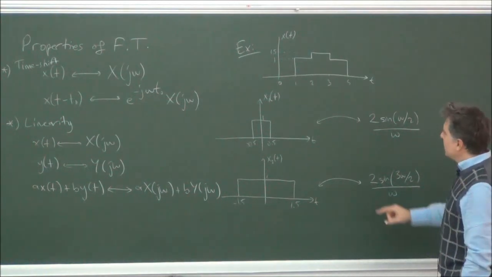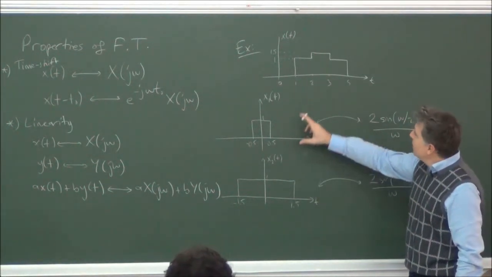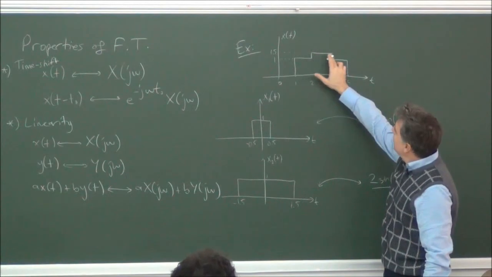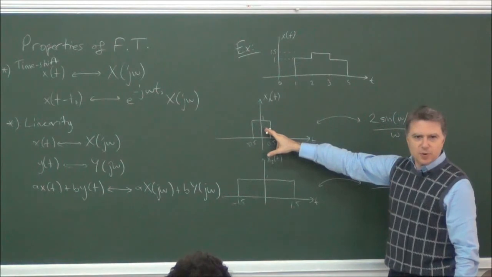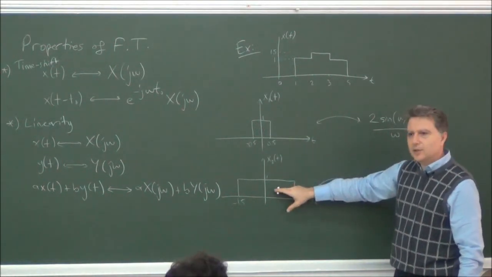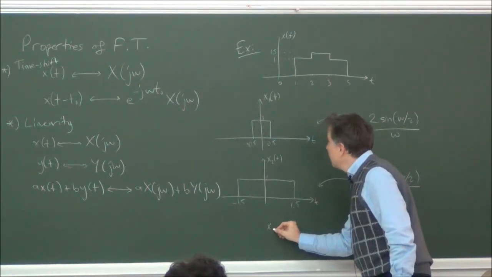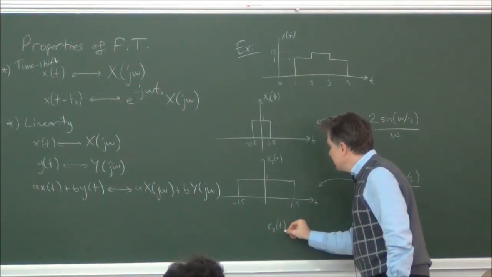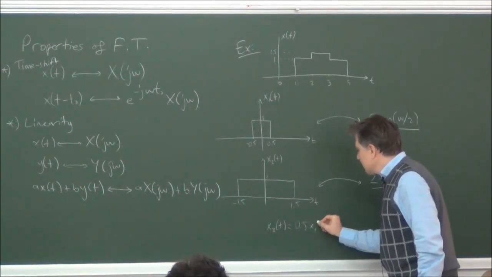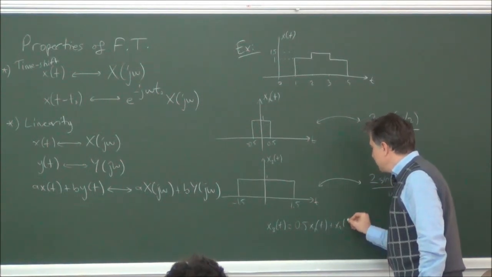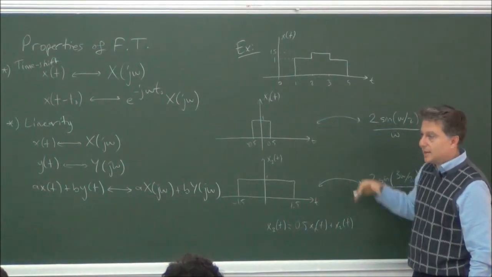Now the first one, if you just combine as they are, will make the top portion reach a value of 2. So this must be scaled by 0.5 and then added to the other one. In fact, I'm trying to get a third signal, x3 of t, equal to 0.5 times x1 of t plus x2 of t, which reproduces this shape in the symmetric center.